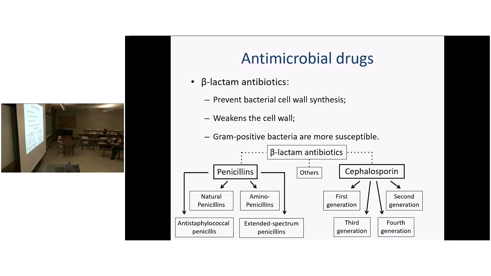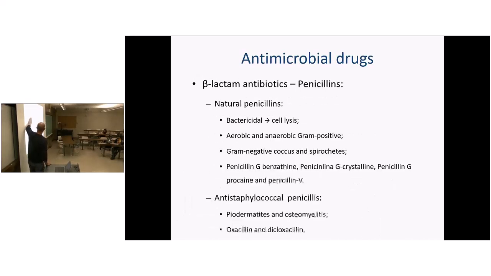This is very effective, but also today is starting to have a few problems with resistance. They were some of the first ones. As I said before, you have some of these natural penicillins. They tend to be, obviously, if they break the cell wall, they basically kill the bacteria, so they are bactericidal.